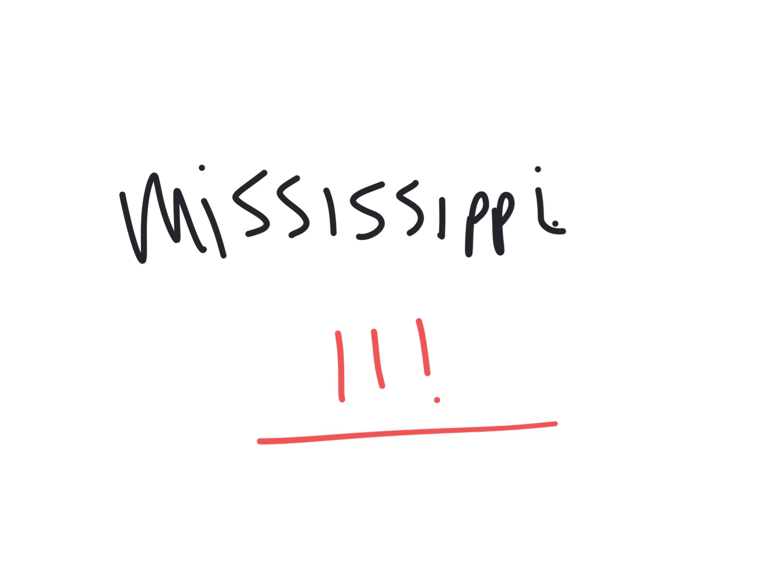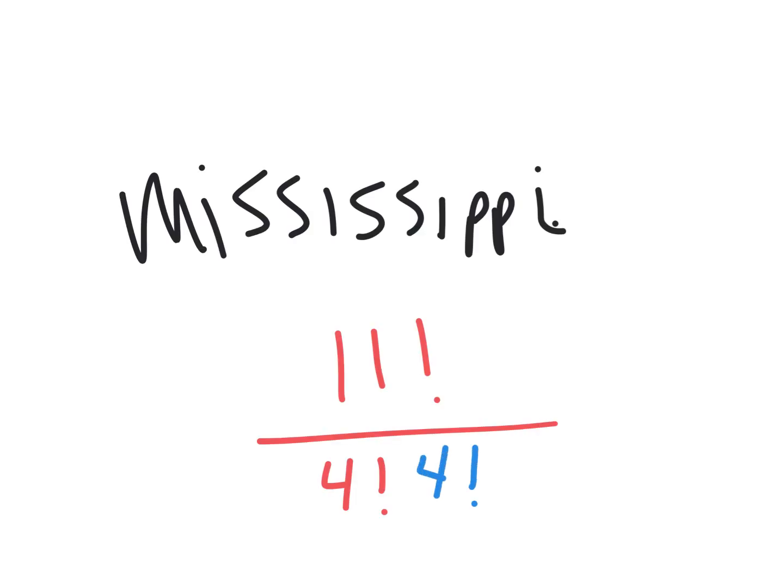How many M's? Well, you don't do it like that. You find things that repeat. Is there something that repeats? Yeah, there's a lot of I's. How many I's are there? 4. So you go 4 factorial. 4 factorial. 2 factorial. Got that?